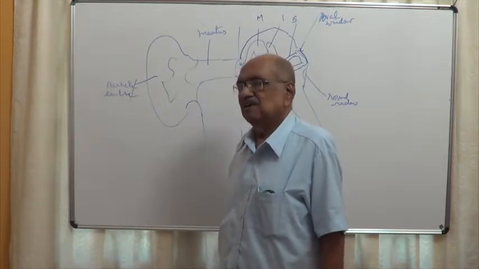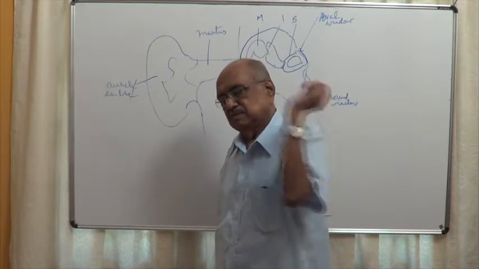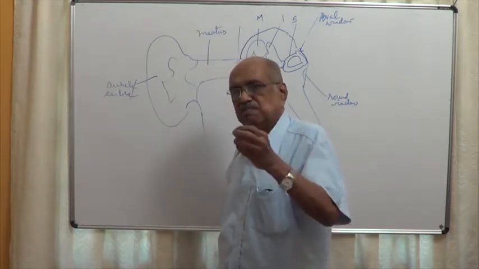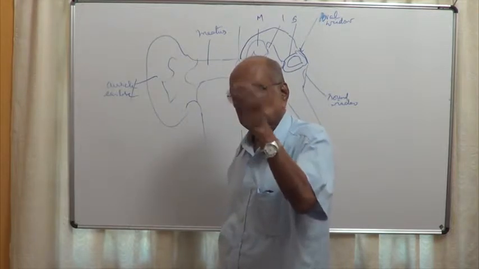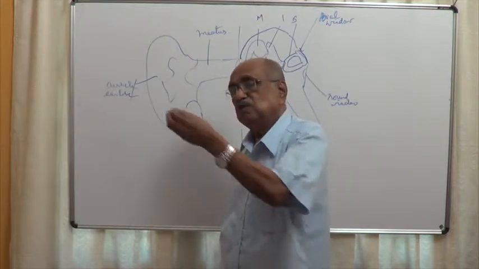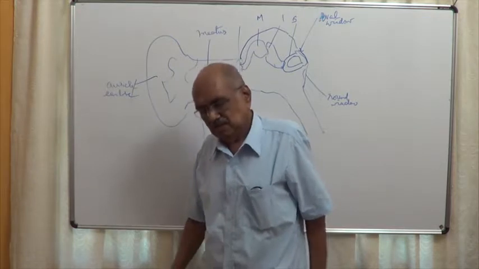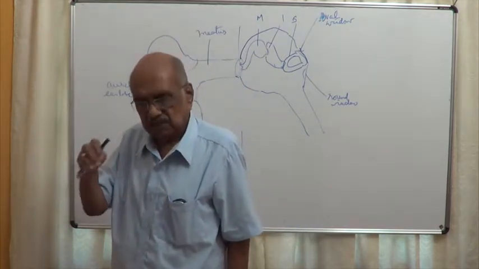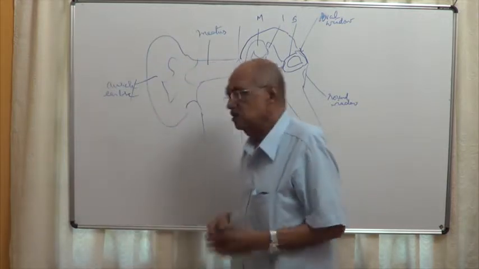Yes. Airborne sound touches the tympanum. From the tympanum onwards it is passed through solid bones. From the solid bones it is passed into the perilymph. From a perilymph into the endolymph. Endolymph, let us see what it is.